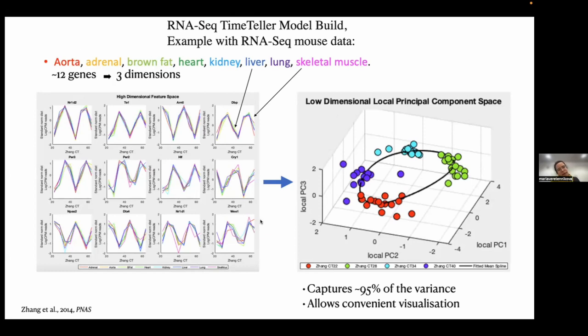But we only take the core ones. And so here we've got 12 different genes, and a color corresponds to a tissue.